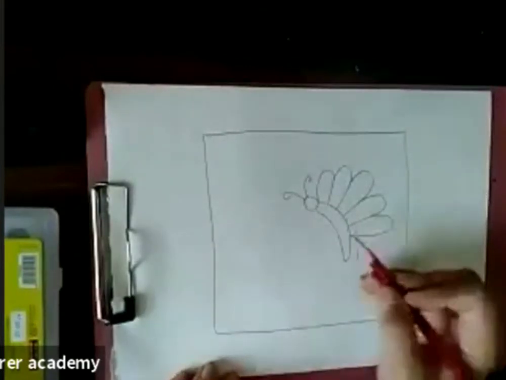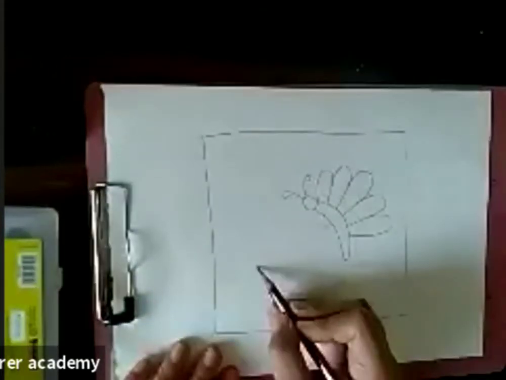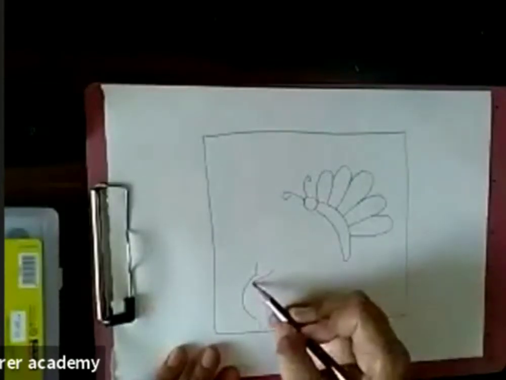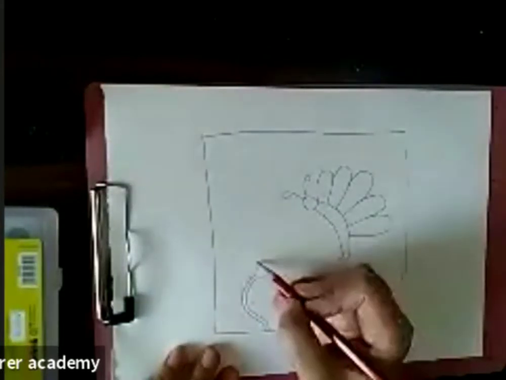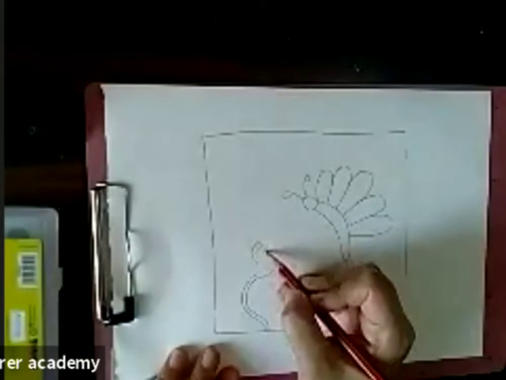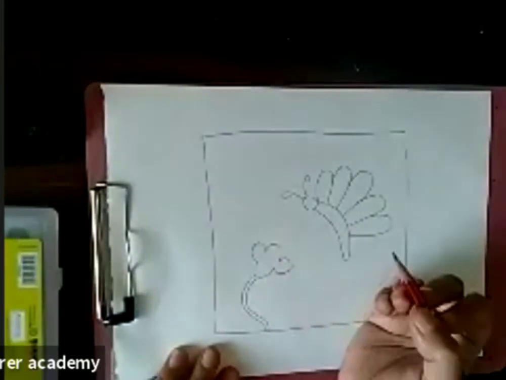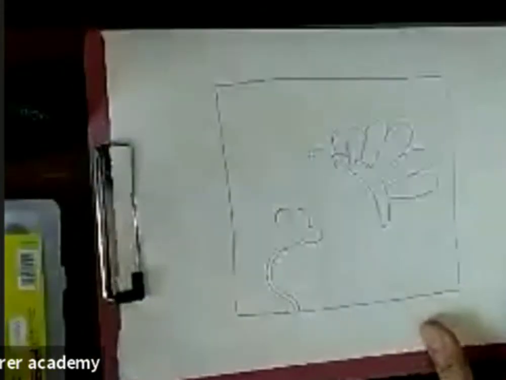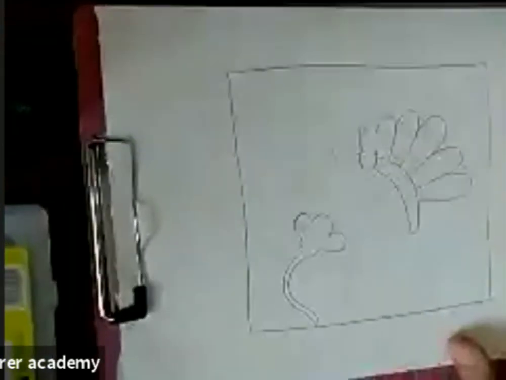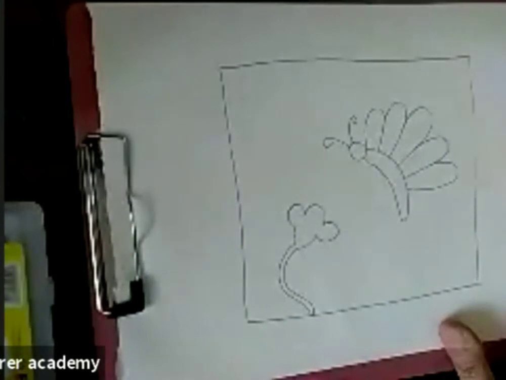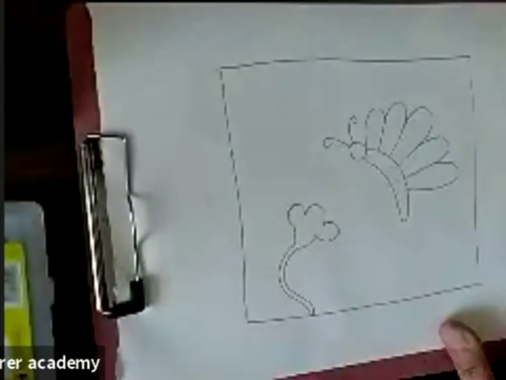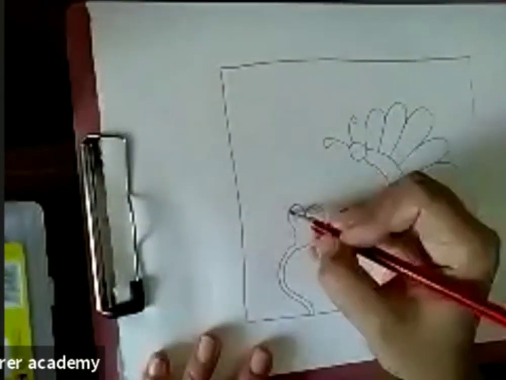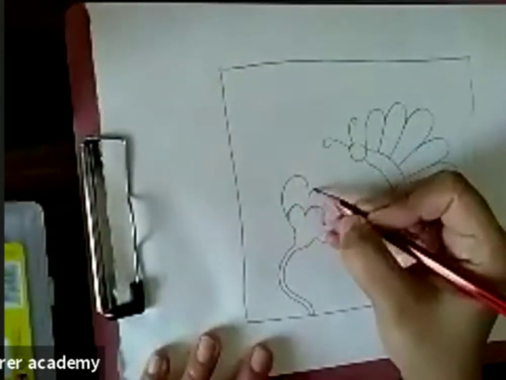Right. So now I'm making a flower here. So this is the stem of the flower, and we'll make a... So now I just made it a little big.